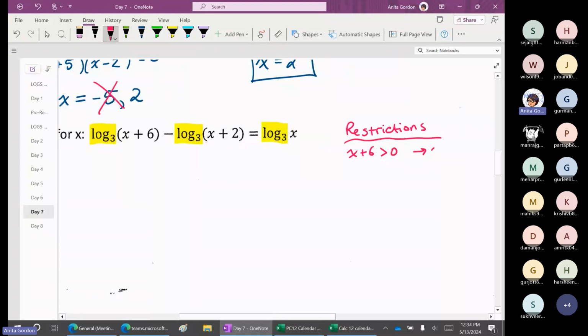So that means x must be greater than negative 6. X plus 2 must be greater than 0. Therefore, x must be greater than negative 2. And then x has to be greater than 0. The only overlap is this one. So I'm looking for positive solutions in this case.